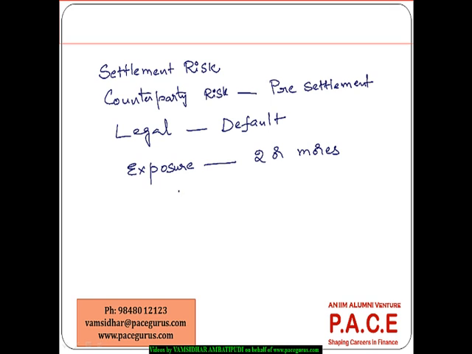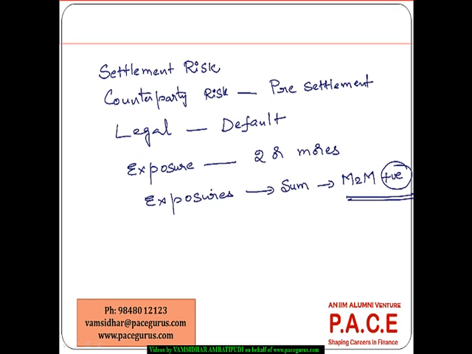Because without netting, if the counterparty defaults, the exposure is simply the sum of all the transactions where the mark-to-market value is positive. The sum of all the positive mark-to-market values is the exposure with that particular counterparty.